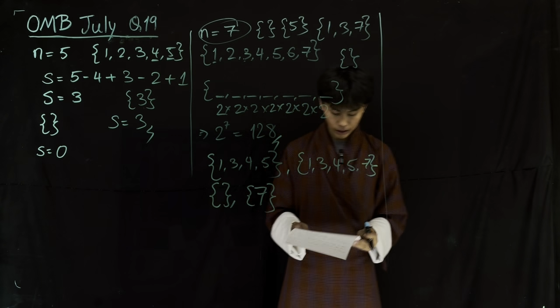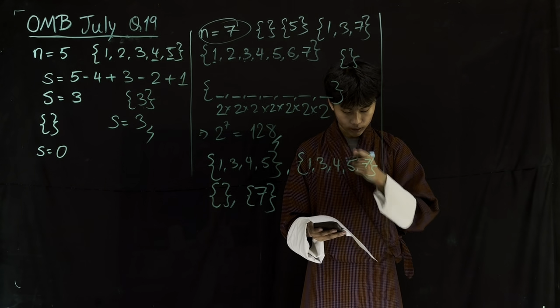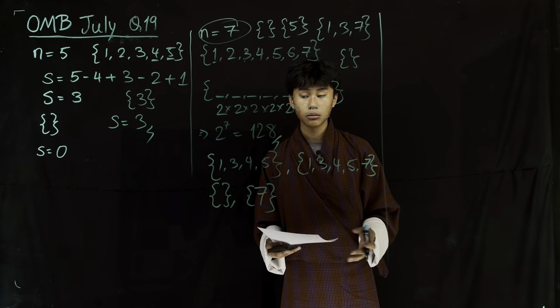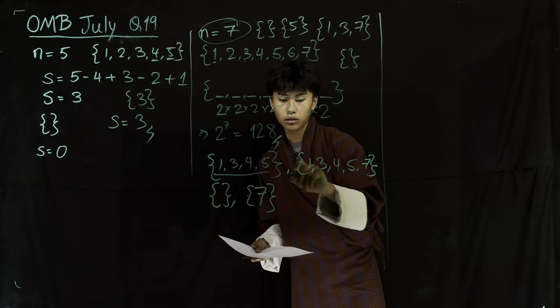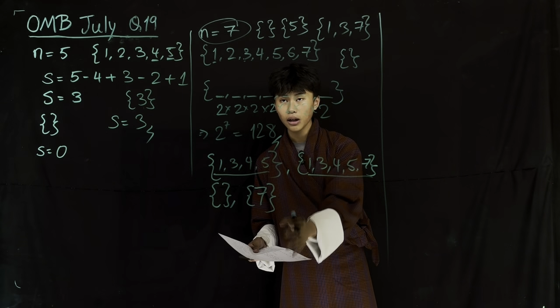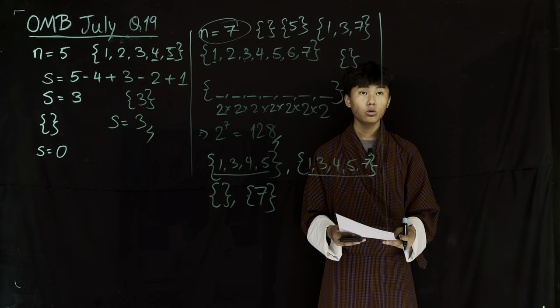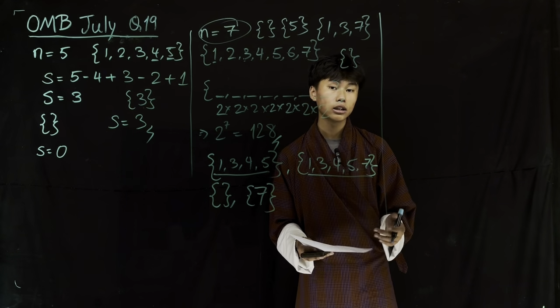Now let's calculate the alternating sum of the pairs and add their alternating sums. So we have made the subsets into pairs, right? Let's try to see how we can calculate their alternating sums.